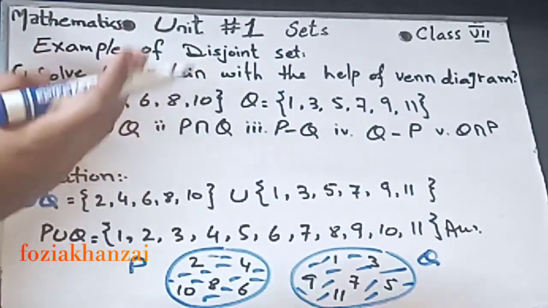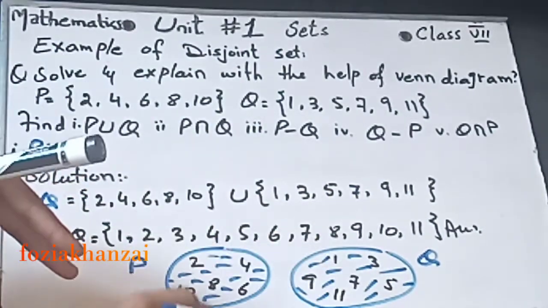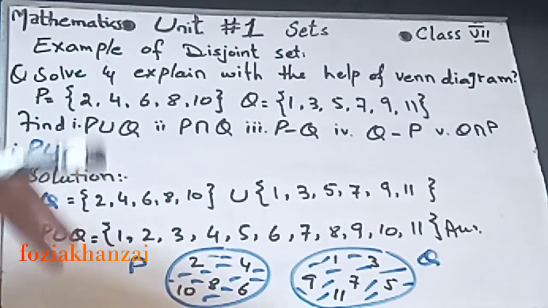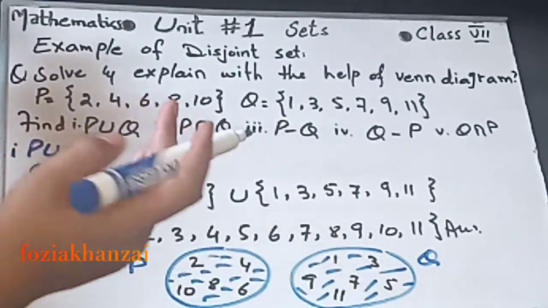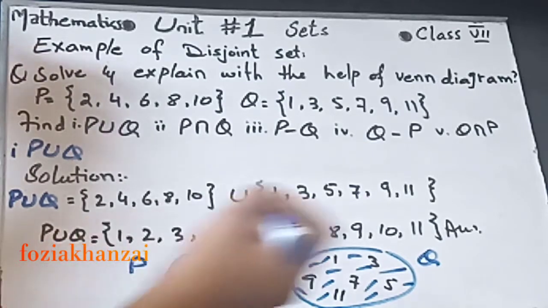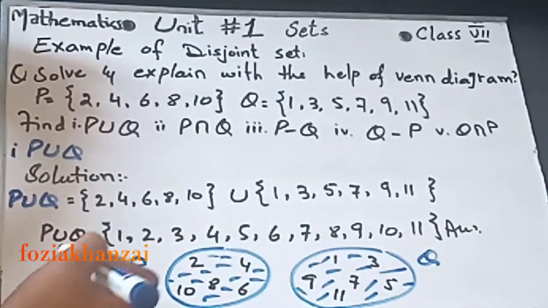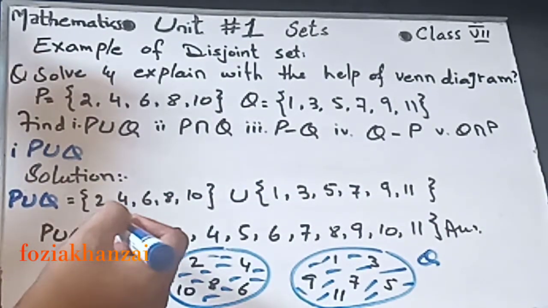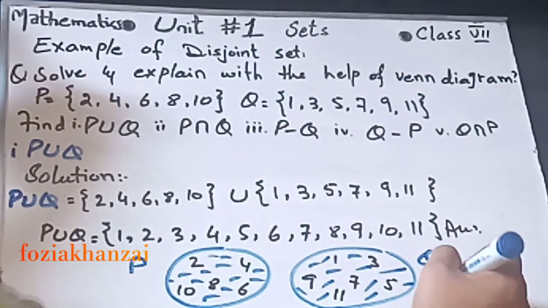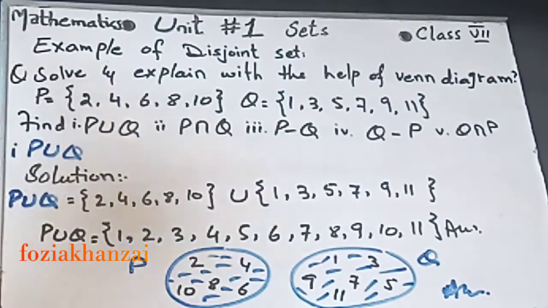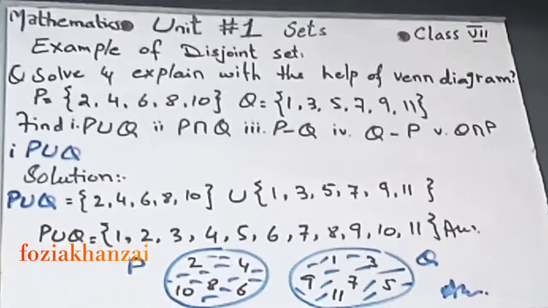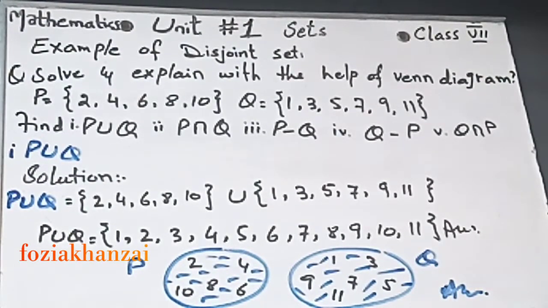In short, the colored part of the Venn diagram shows your answer. 1 till 11 is the answer of P union Q, and the Venn diagram also shows the answer P union Q. Finish first part.